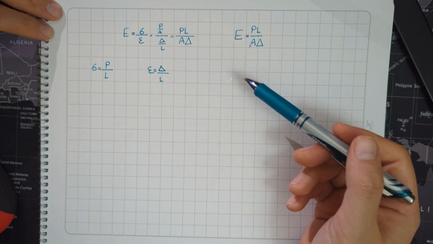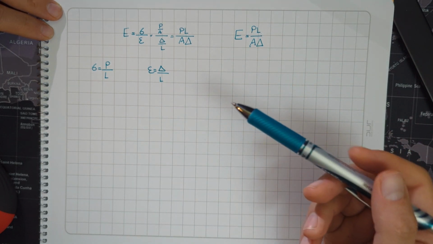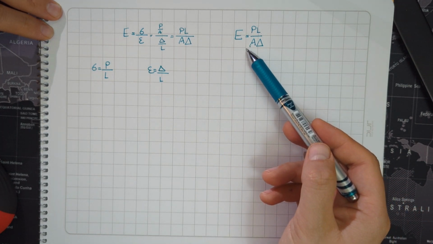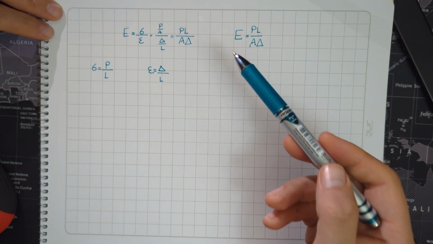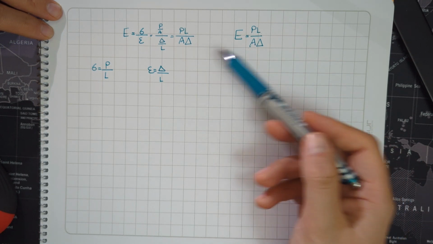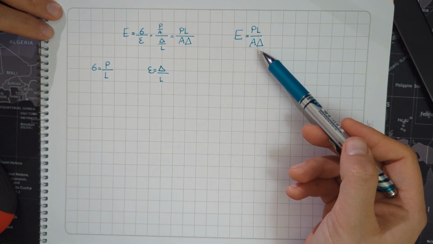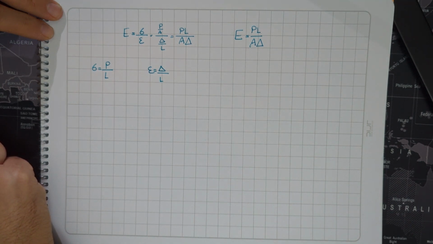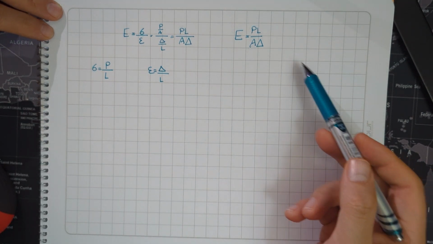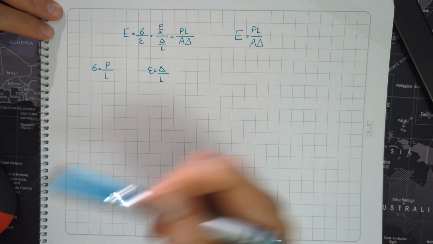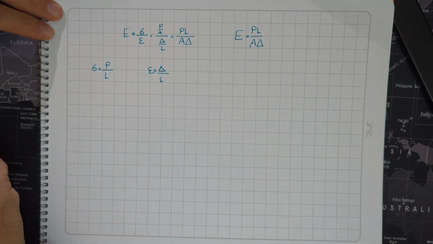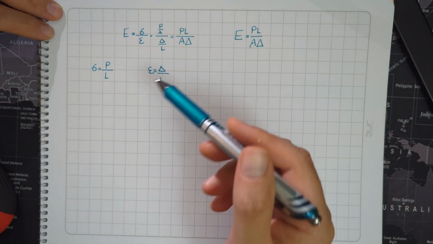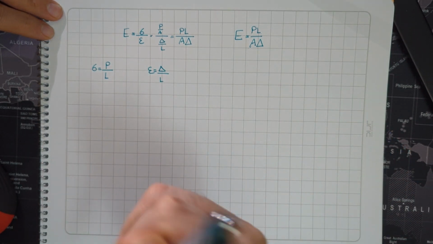It could be in inches or millimeters or meters. A is the cross-sectional area of the member, delta is the total deformation of the material, and obviously E is the modulus of elasticity.